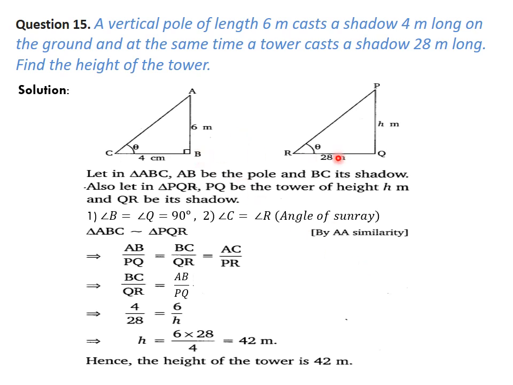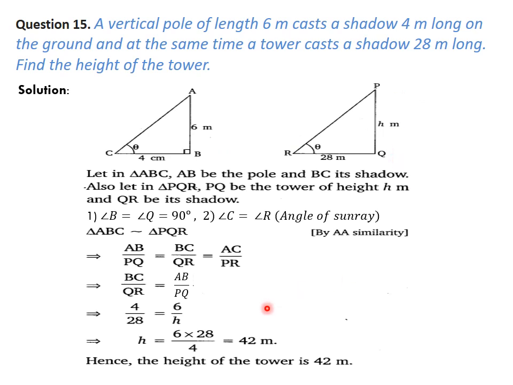Since the two triangles are similar, we can also say from this that AB by PQ is equal to BC by QR, and that is equal to AC by PR. This ratio is obtained from the above relation. From here we have the values of BC, QR and AB, and we have to find out PQ.